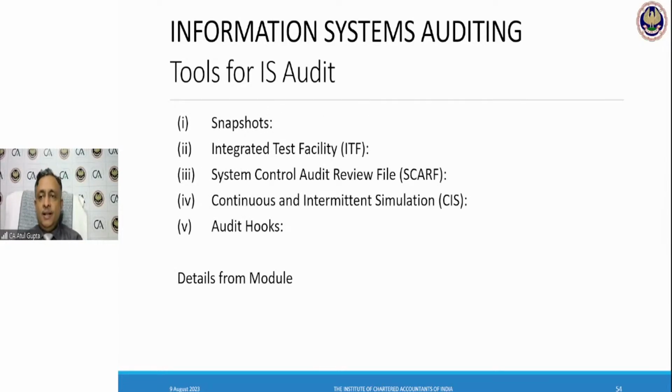Now we are going to the module. Tools for IS audit. Now see what you're looking at on screen: these are also referred to as concurrent audit techniques: snapshot, integrated test facilities, SCARF, CIS, and audit hooks. So we'll read from the module. We'll try to add some practicality to it.